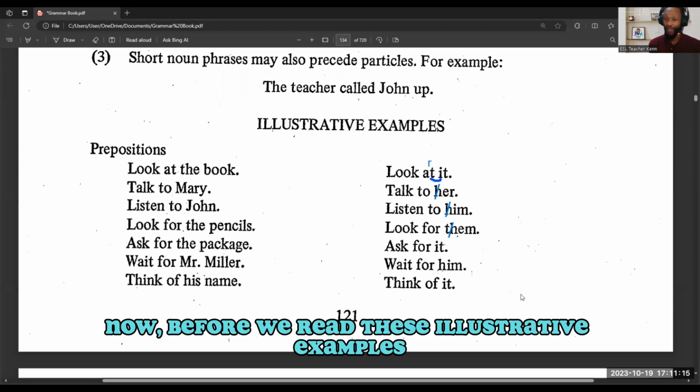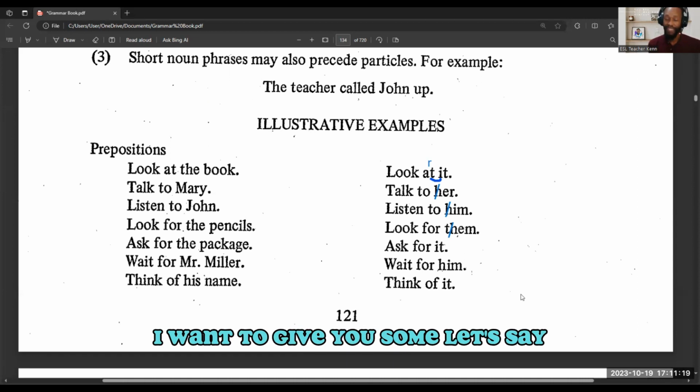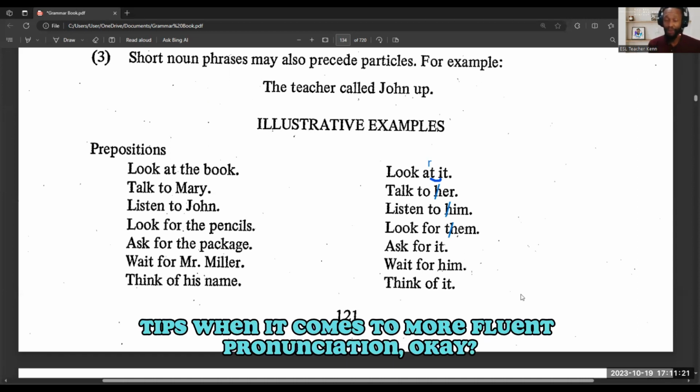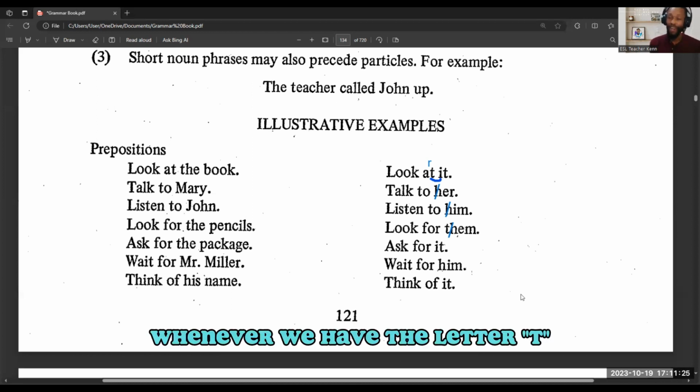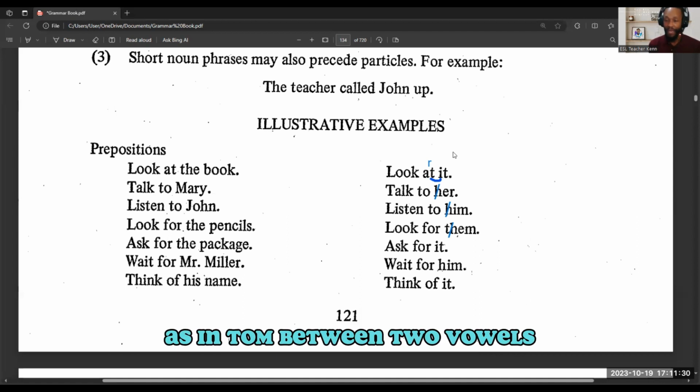Now, before we read these illustrative examples, I want to give you some tips when it comes to more fluent pronunciation, okay? Whenever we have the letter T as in Tom between two vowels, it sounds like an R, okay?